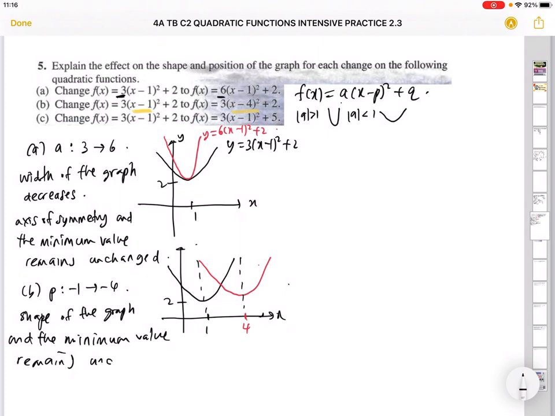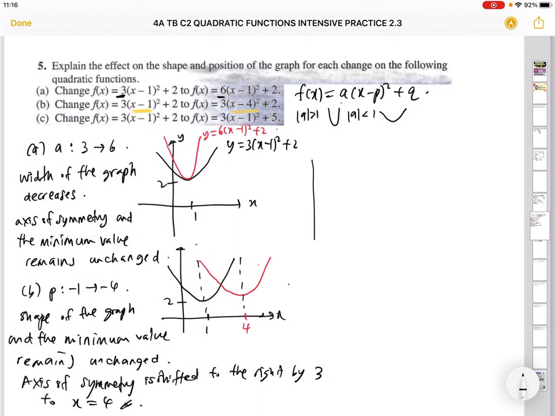However, what happened to your axis of symmetry? Axis of symmetry, yeah, is shifted to the right by 3. From 1 to 4 is 3, right? Yeah, to x equals to 4. Okay, now you can use your own words. That doesn't have to be exactly the same as mine or exactly the same as your answer at the back.